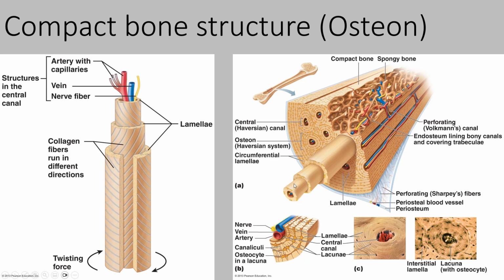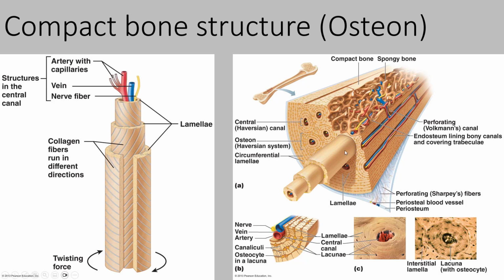And these layers are called lamella. Lamella are these layers that we see in bone. They kind of look like tree rings. Specifically, these lamella are called concentric lamella.